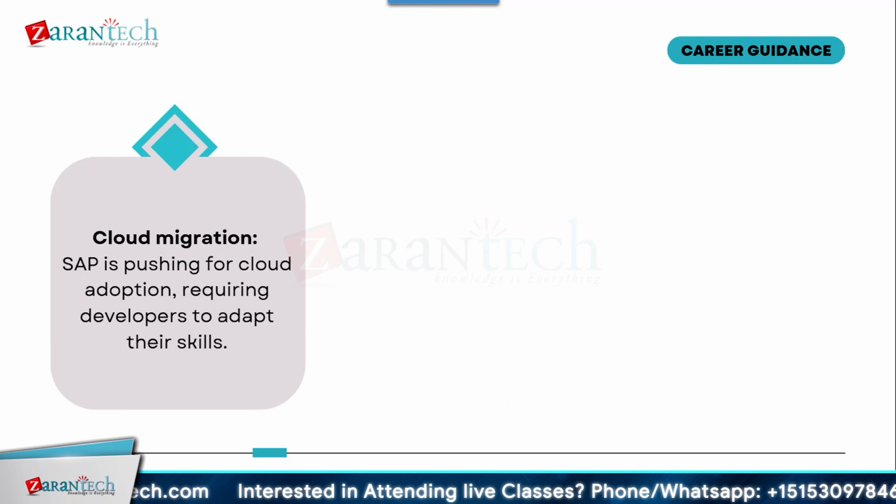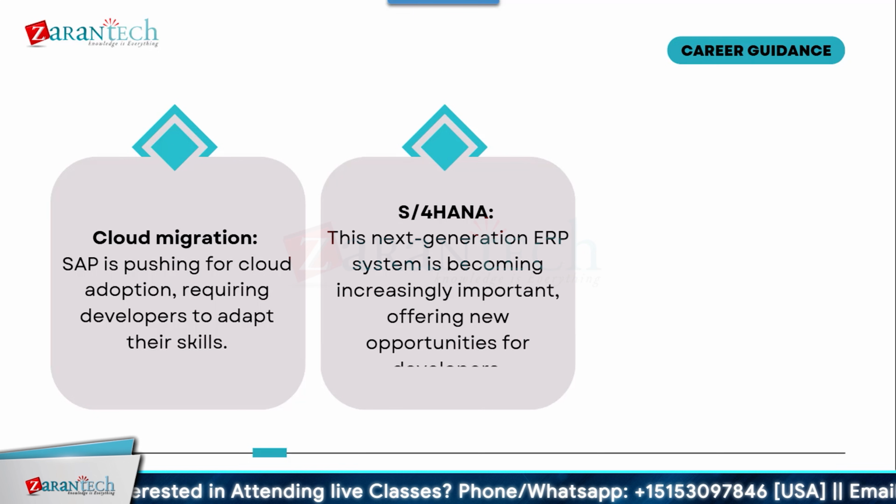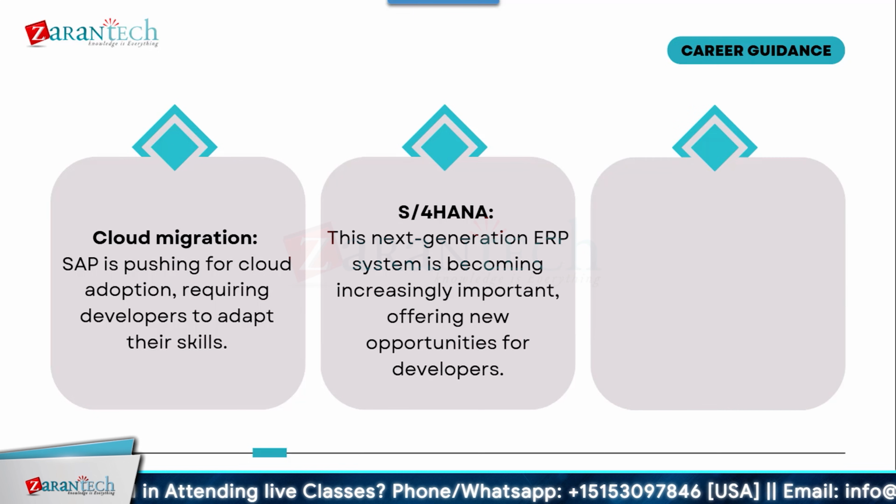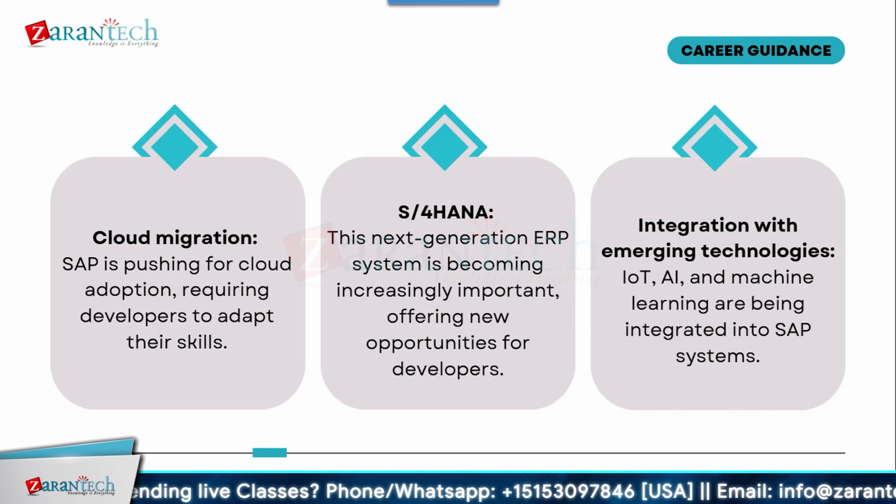So as SAP accelerates its push towards cloud adoption, developers are required to update their skills. For instance, cloud migration involves moving SAP systems like SAP ECC to the cloud platform, and developers need to understand cloud-based architecture here. Next up is S4HANA, SAP's next generation ERP system.